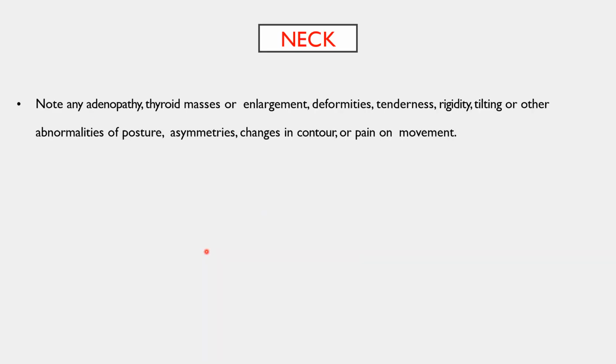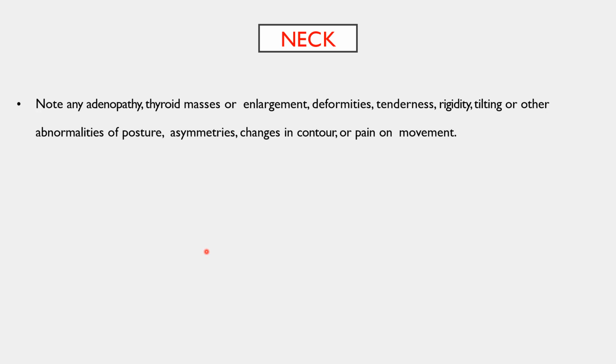Next, neck. You need to look for adenopathy, thyroid masses or enlargement, deformities of the neck, or any tenderness in the neck region, rigidity, tilting, or any meningeal signs, postural changes, contour, pain on movement. These are very important because adenopathy, as all of you know, is associated with obstructive airway diseases, obstructive sleep apnea, headaches, stroke-like episodes.